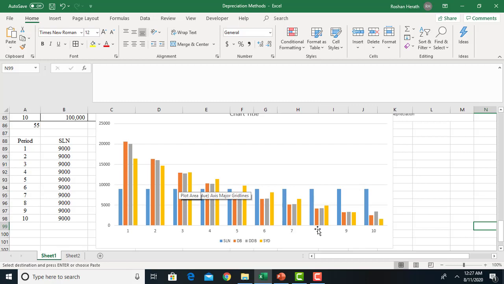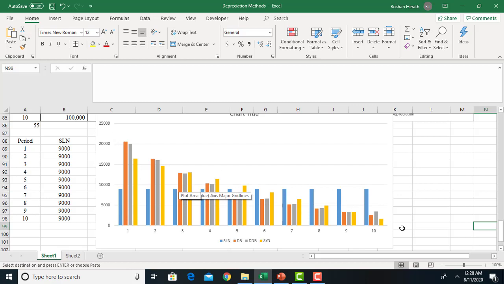Throughout the useful life, in the first year, the highest depreciation was under the declining balance method, whereas the lowest depreciation was under the straight line method. In fact, under the straight line method, you can see an equal depreciation.